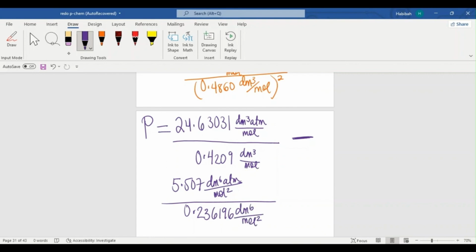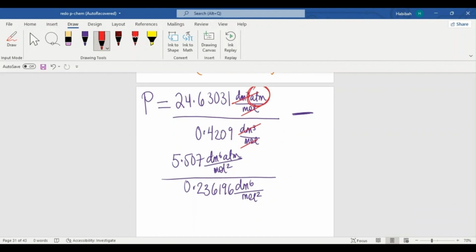So yeah, that's our work. We have successfully simplified it, so we can just simply cancel out the units. You can cancel out dm cube here, mole here. So what you end up with is atmosphere, which makes sense because we're solving for pressure. And then here as well, you cancel dm6 here, dm6 here, mole squared, and we end up with atmosphere, which makes sense because that's also what we're solving for.